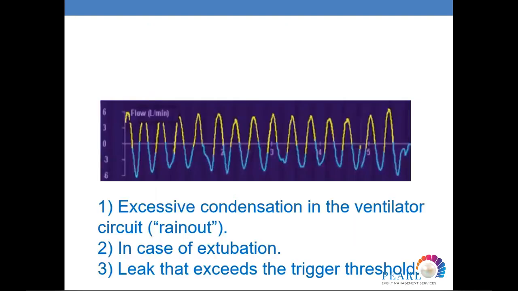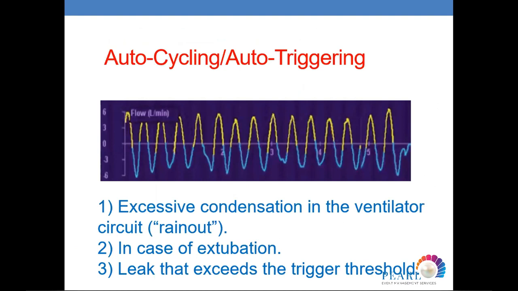So inadequate sensitivity. Now, another important point, and I think this is the last point before ending, is the auto-cycling. And this is very, very crucial. Auto-cycling or auto-triggering: sometimes there will be water condensation in the ET tube.